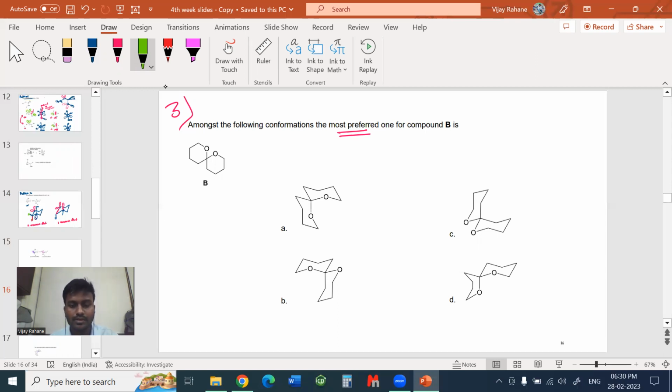So here we can see in this one, there will be a lone pair present, right? For this one, there will be a lone pair present. In this one the lone pair will be like this, another will be like this. Similarly for other molecules, the lone pair.